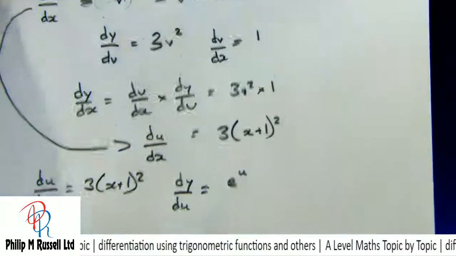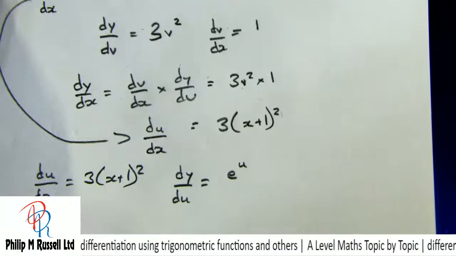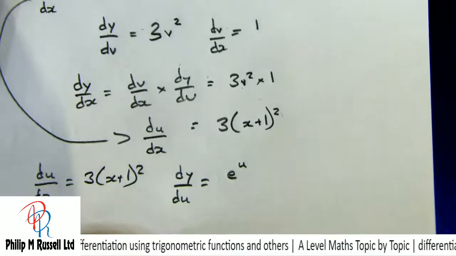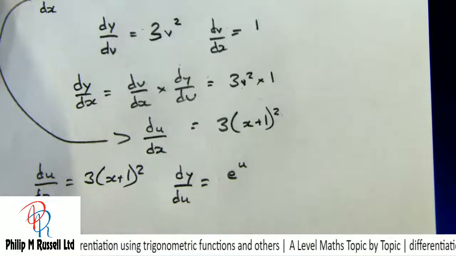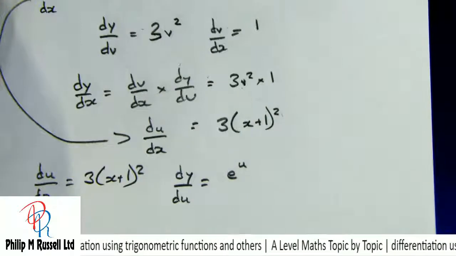Then using the chain rule again, dy by dx equals dy by du times du by dx.